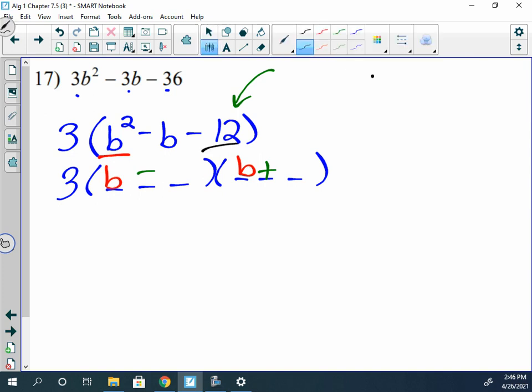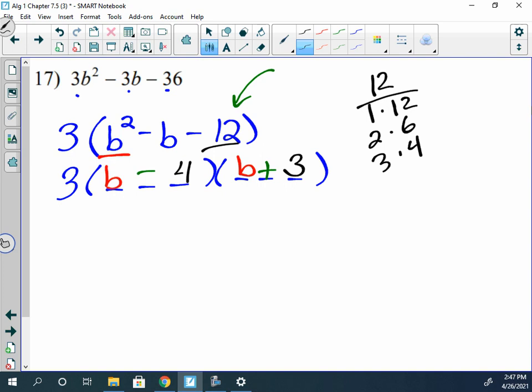Now we need to find the factors of 12. Well, 1 and 12, 2 and 6, 3 and 4. Do we have a preference on which one's positive and which one is negative? 3 would be positive. So again, just like how I have a choice of picking where I put the plus and minus, we can pick which spot we put the 3 and 4.